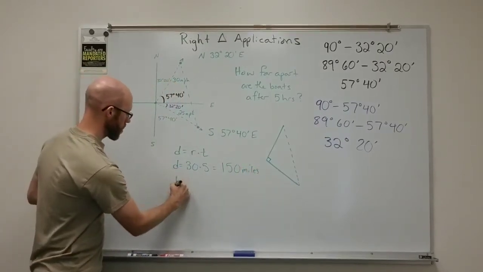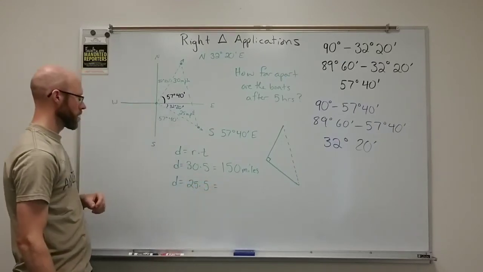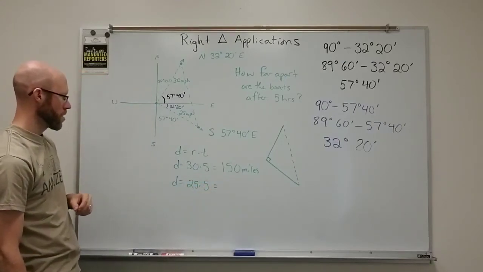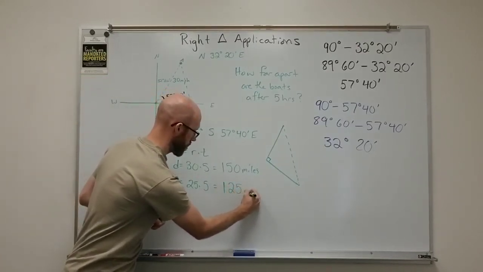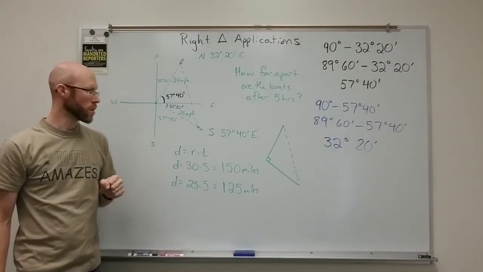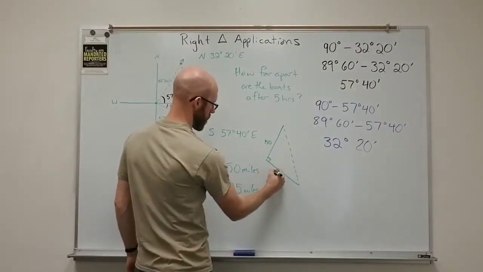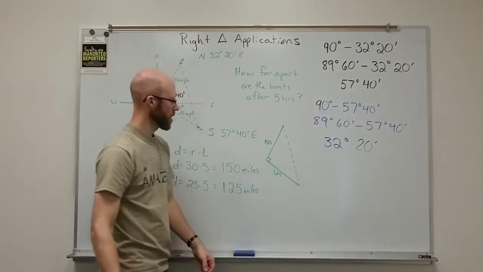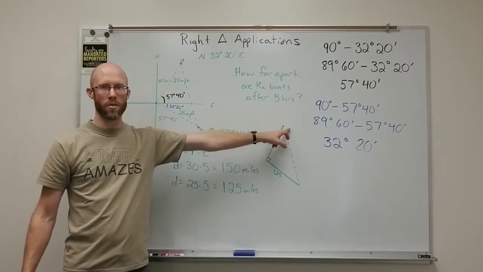And then the other one is 25 miles per hour for 5 hours, which is 125 miles, okay? So those are our two side lengths. So we're going to have a 150 and a 125. And now all I need to do is find this hypotenuse, okay?